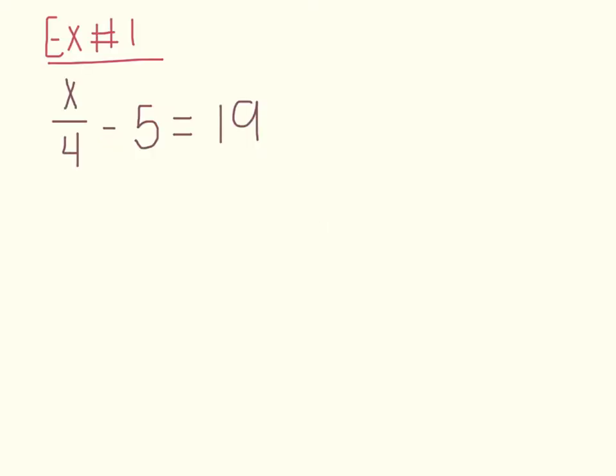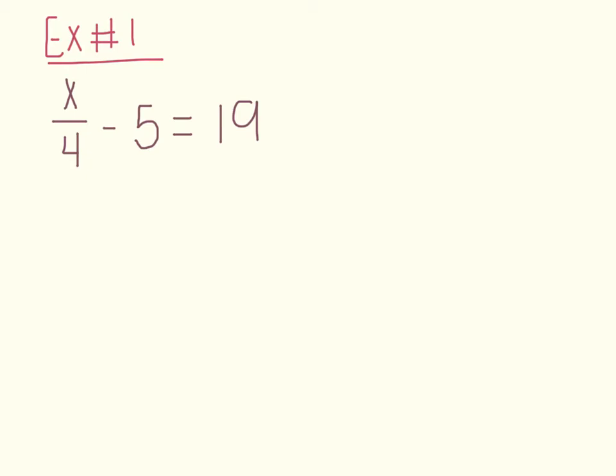Okay, example number 1. So we've talked about solving equations. You know you have to use the inverse or the opposite operation so we can get the variable by itself. So when we have more than one operation, we're just going to be doing a few things. So first, let's talk about our equation.